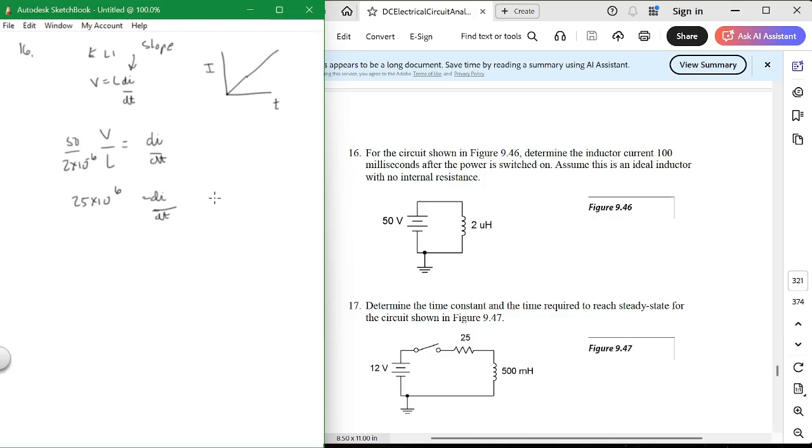We say y, or I, equals 25 times 10 to the 6th times t. And they give you a time, 100 milliseconds. So it's 25 times 10 to the 6th times 100 times 10 to the minus 3rd.